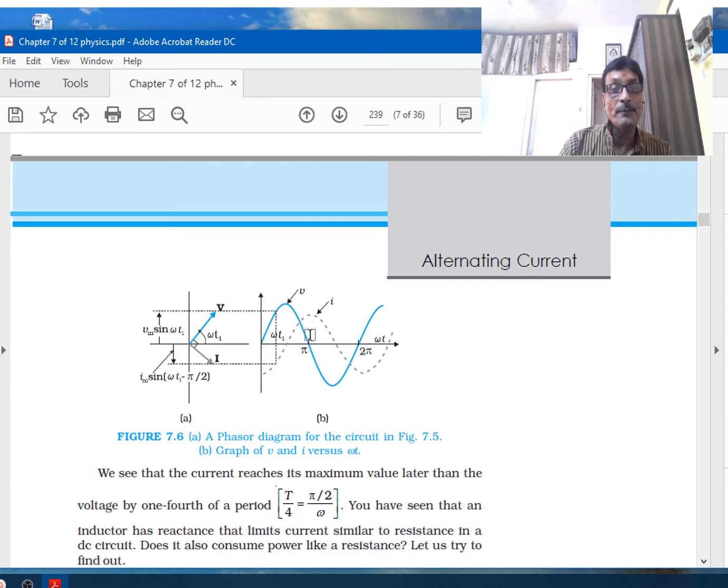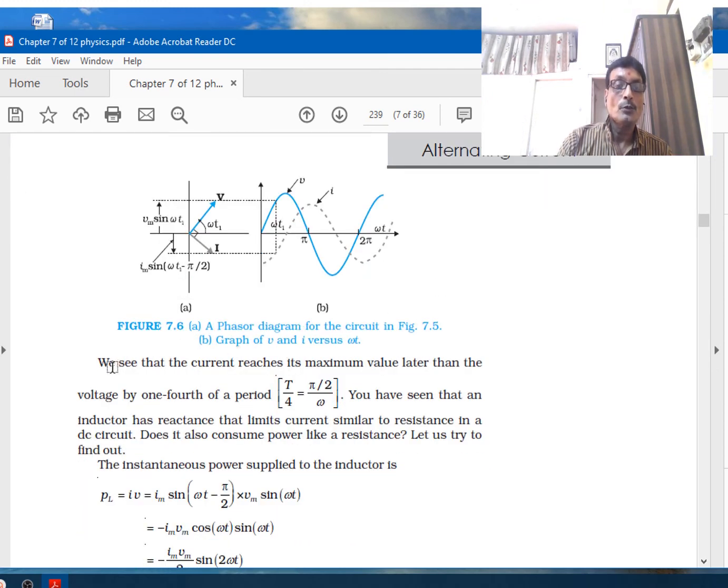And from the wave function also we can see that voltage leads and current lags behind by pi by 2. So we see that the current reaches its maximum value later than the voltage by 1/4 of the period. It means T by 4 is equal to pi by 2 divided by omega.